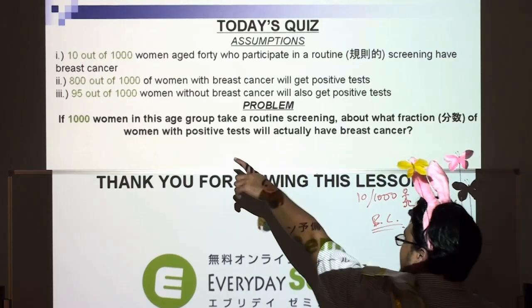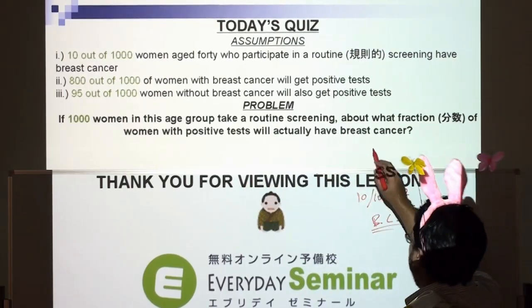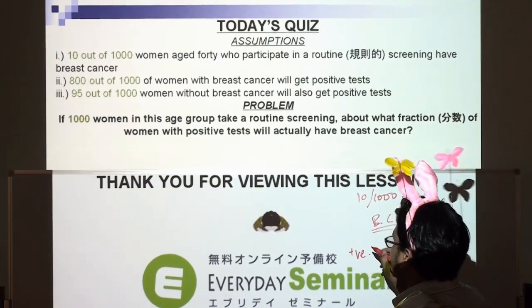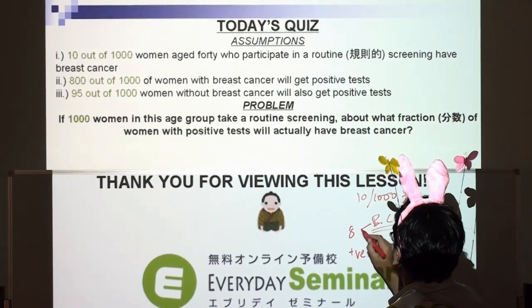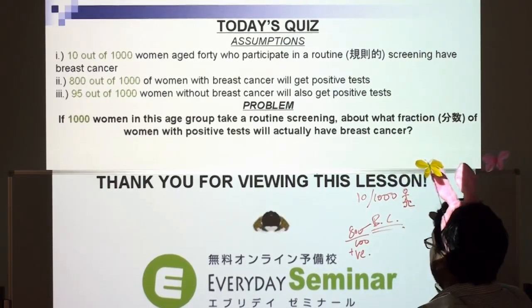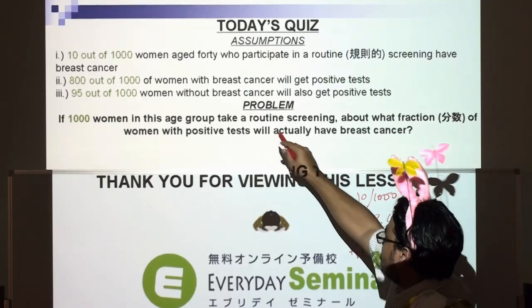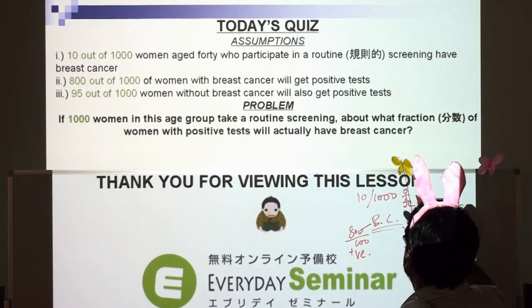Now, 800 out of 1,000 of the women with breast cancer will get a positive test. So positive test for 800 out of these. And 95 out of 1,000 women without breast cancer will also get positive tests.